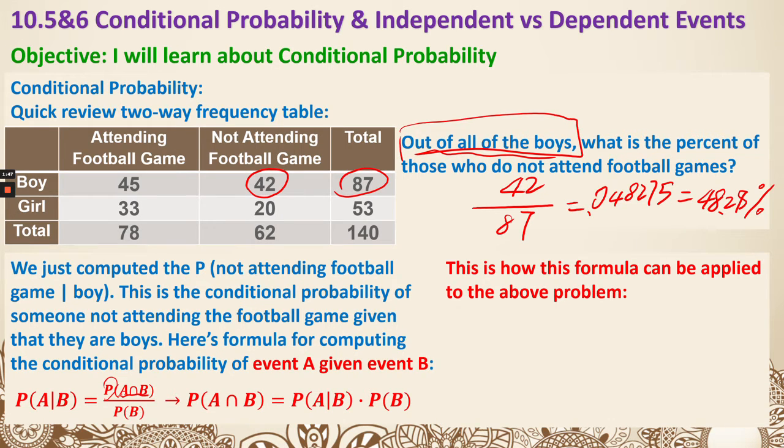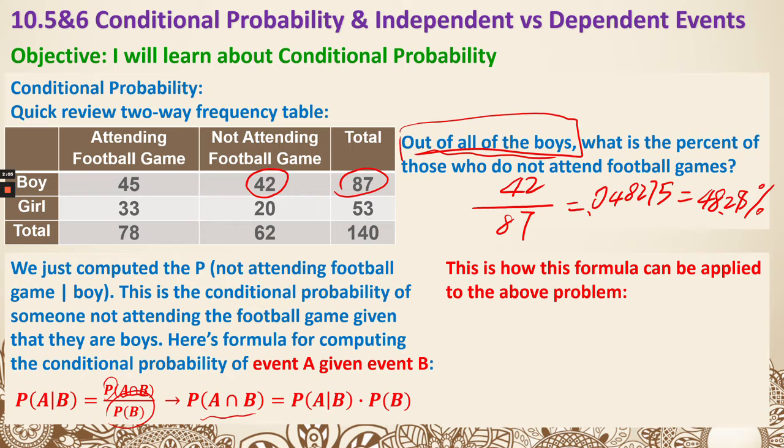If we multiply both sides by this probability of B, we can get rid of it from the right side, which just leaves the probability of A and B. And then the other side is going to have probability of A given event B times the probability of B. Of course, A and B can switch back and forth, but that's the basic idea.